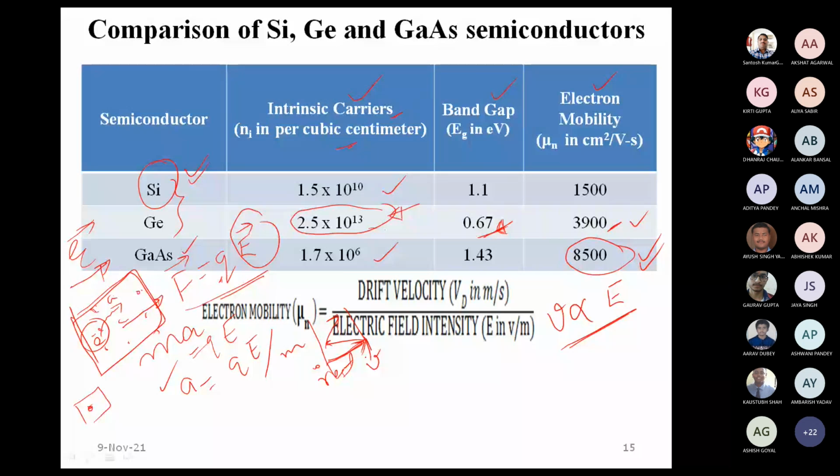So this net movement in a certain direction under the influence of this external electric field decides a net velocity, which is generally called drift velocity or forced velocity.